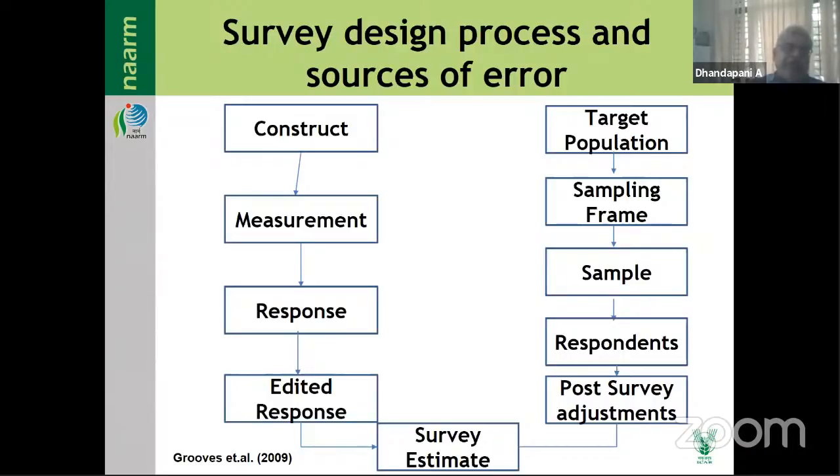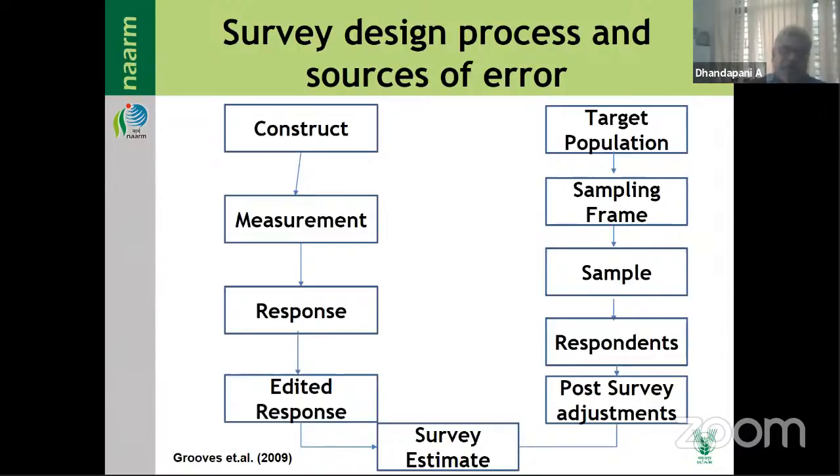So you need to measure them in an indirect way, constructing a scale or something like that to understand the phenomena you are studying. So from construct to measurement, there is always going to be a construct error.